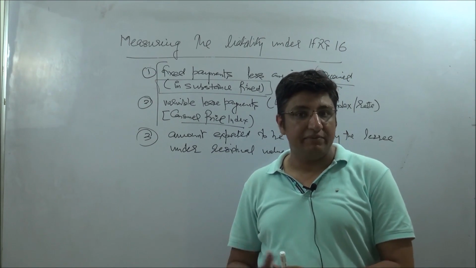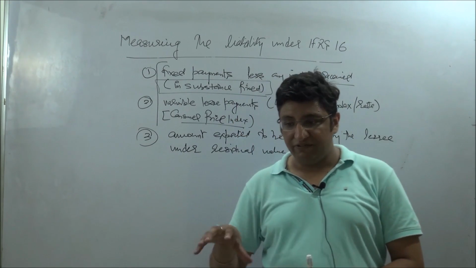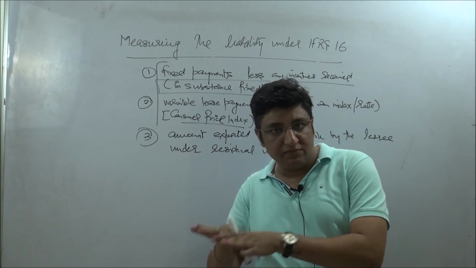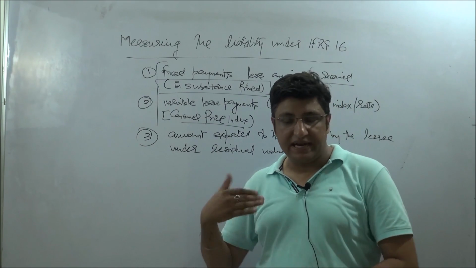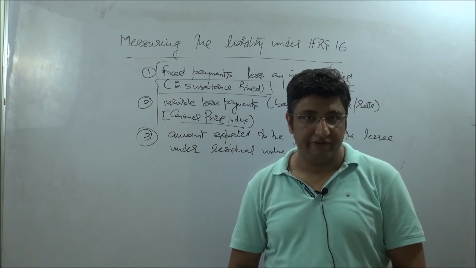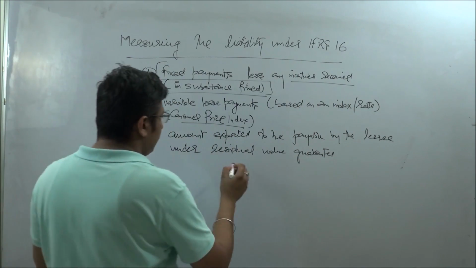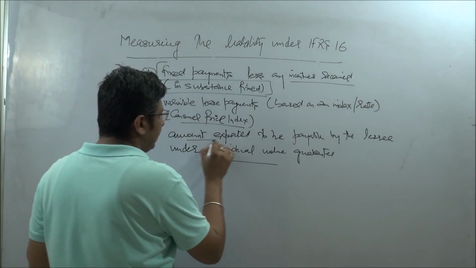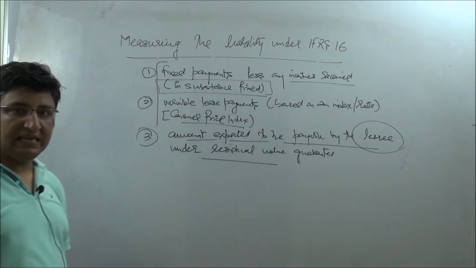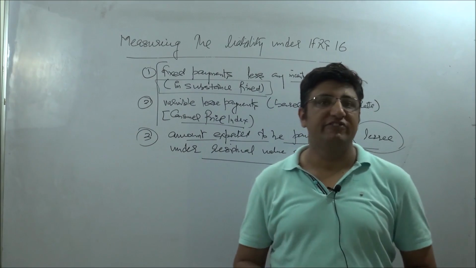So my lease agreement may provide that if the residual value of the asset declines below a particular level, then I need to pay for that particular difference as well, right? So you need to consider that this is an amount which is expected to go out of the pocket of the lessee by virtue of the economic use of the asset.